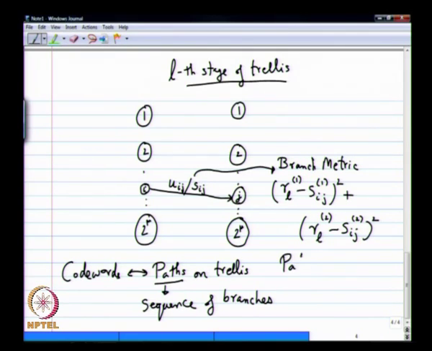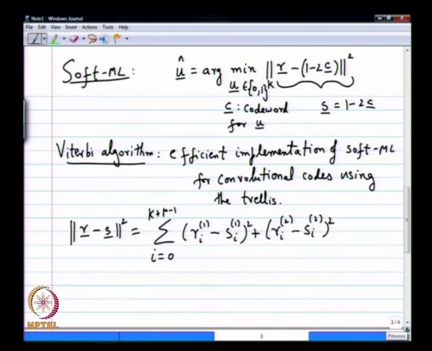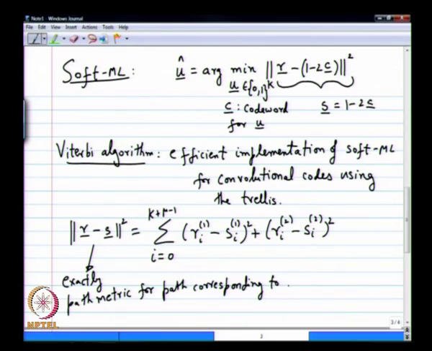Okay. So, we will define the path metric as the sum of branch metrics on the path. Now, this path metric has a very real meaning for us, right. What is the path metric? It is exactly this term, this is exactly the path metric for that chosen path, for the path corresponding to the code word to S. Okay.